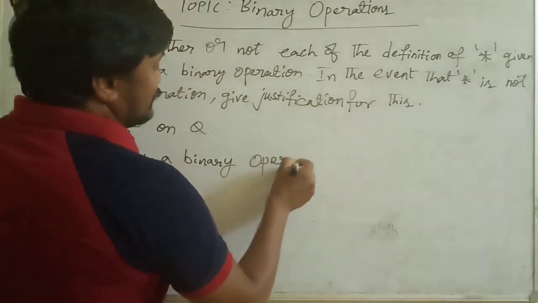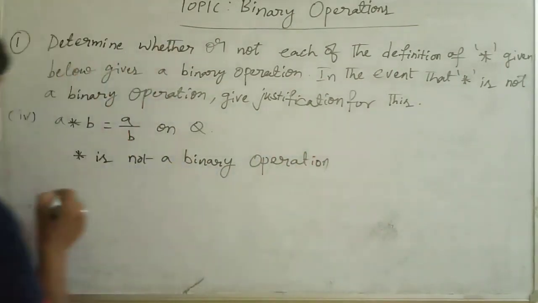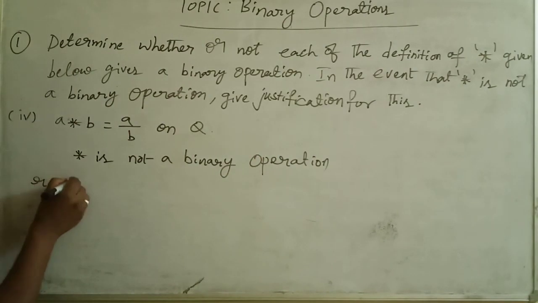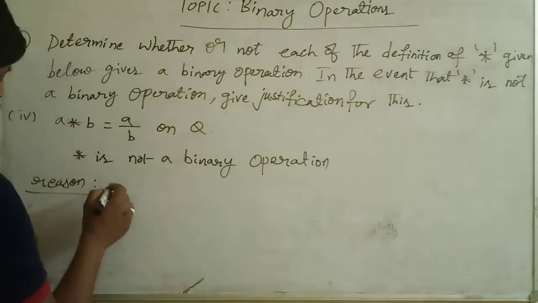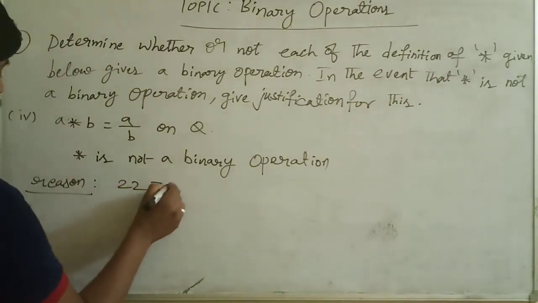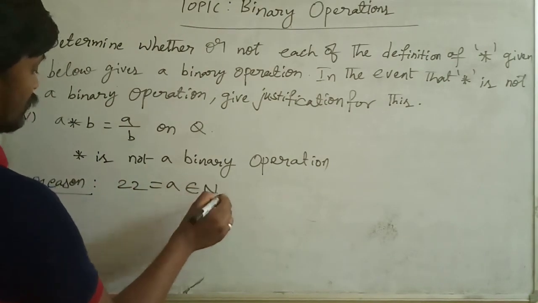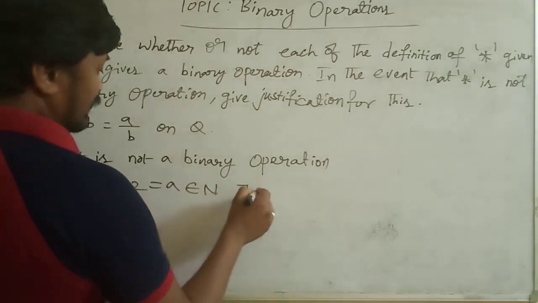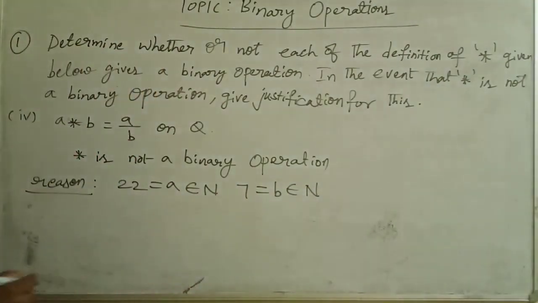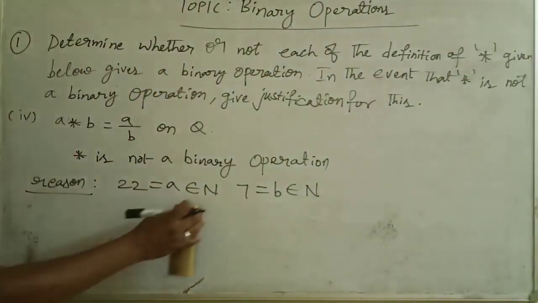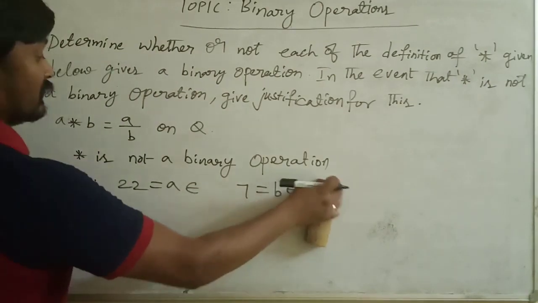So what is the reason here? Why is it not a binary operation? Let me take 22 as A, belonging to the natural numbers, and 7 as B, which belongs to the natural numbers. So it is not a natural number, so it should be which number?